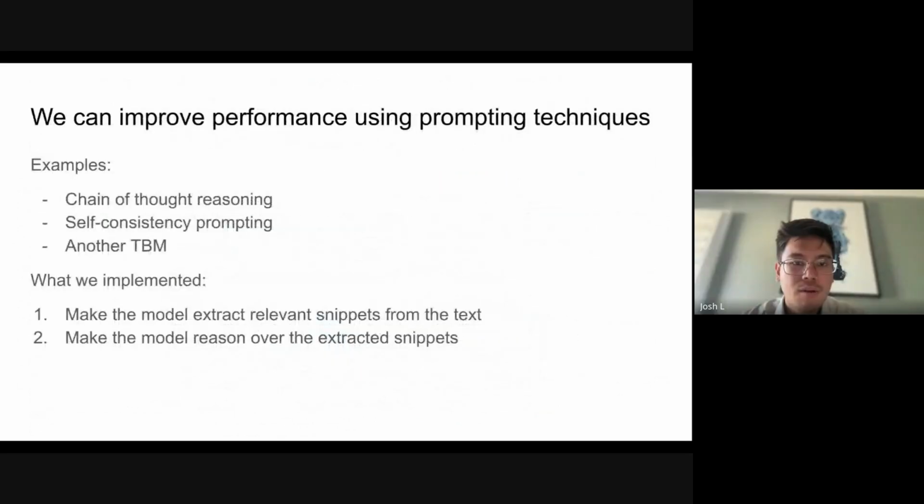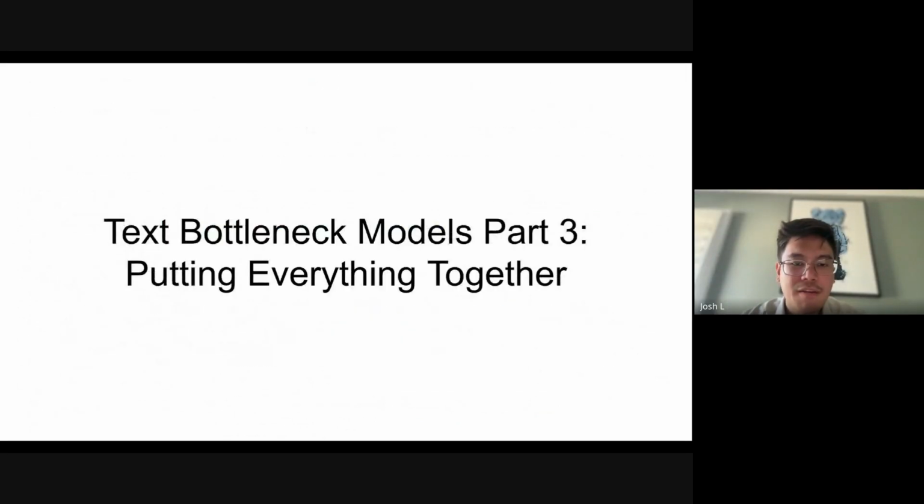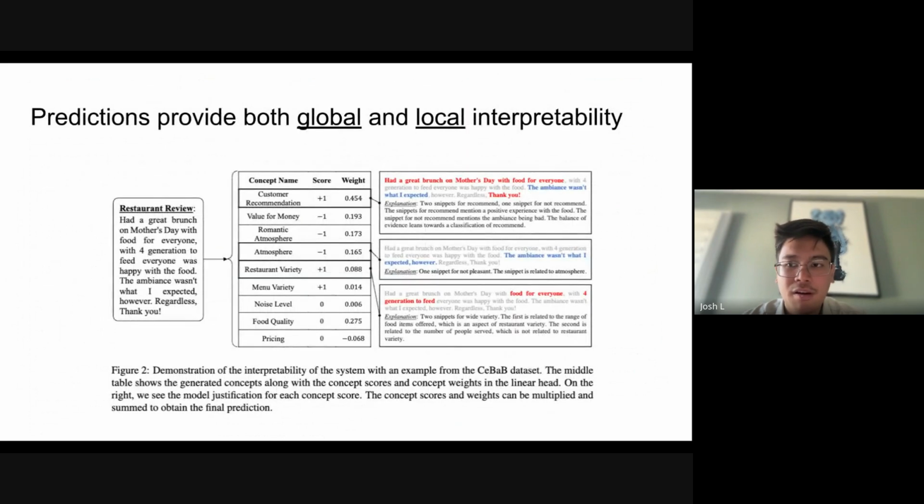Mm-hmm. That might provide benefits for the model in terms of helping it focus on the same things each time it runs inference. But the main issue potentially there is with faithfulness, because each time the model focuses on those concepts, you're not necessarily guaranteed the same weighing. Under the TBM, one nice thing is that the global reasoning is quite consistent.